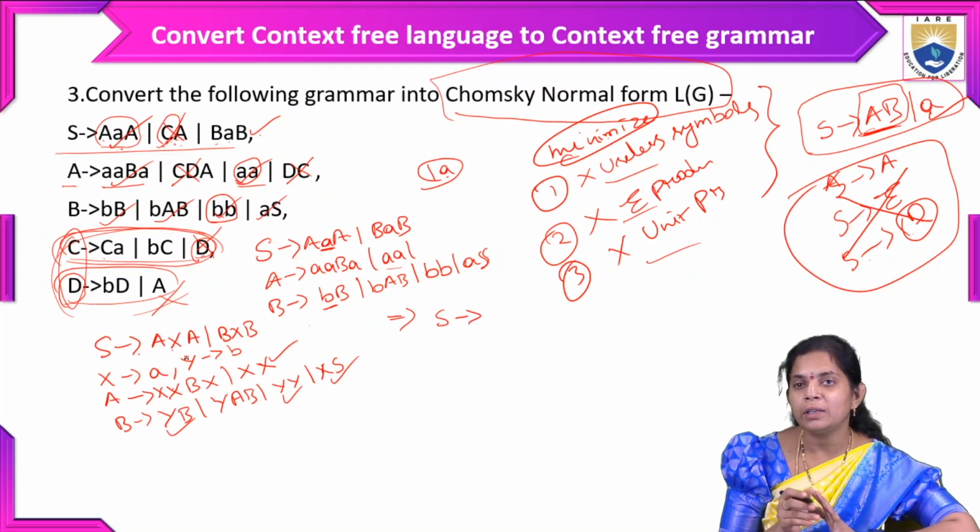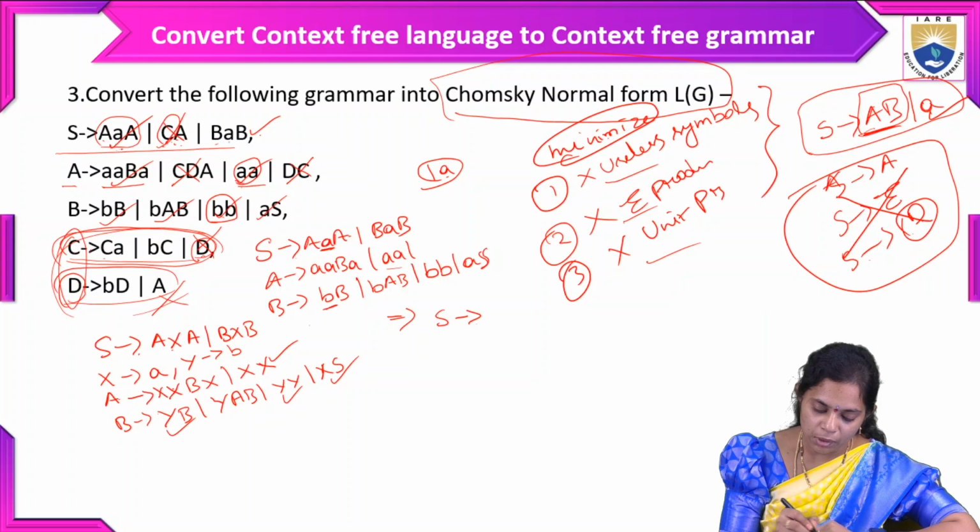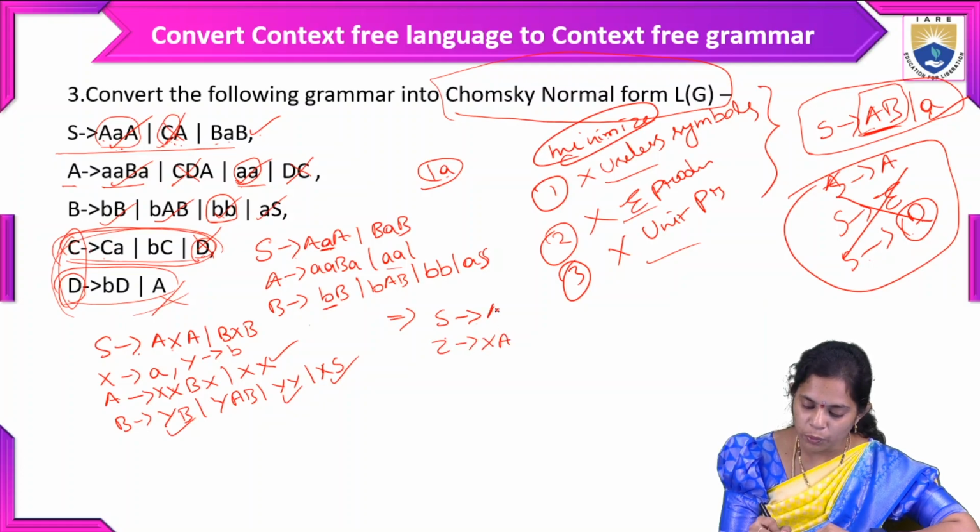If you write the two non-terminals together as one non-terminal value, here Z tends to XA, I will take. So S tends to AZ, and B tends to Z, D tends to XB.